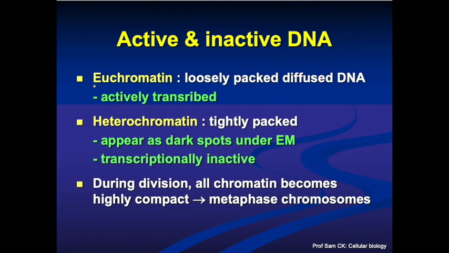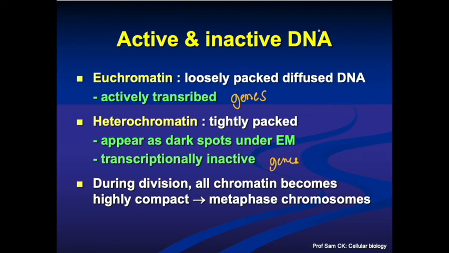For euchromatin, you can imagine that the chromatin is loosely packed, in a diffuse form of the DNA. This is usually associated with the actively transcribed genes. And opposite to this, the heterochromatin is usually associated with transcriptionally inactive genes.